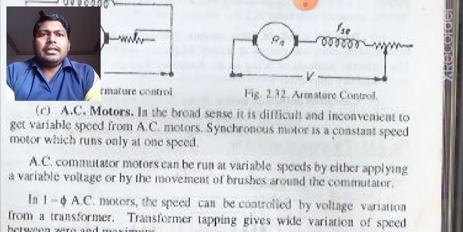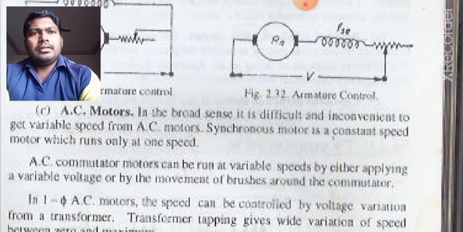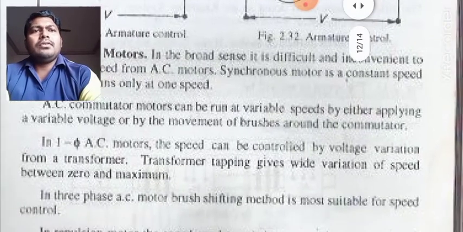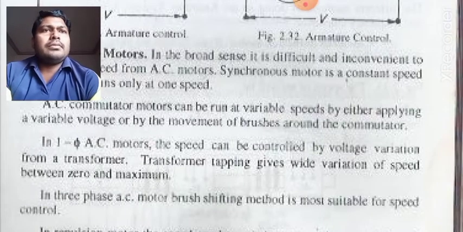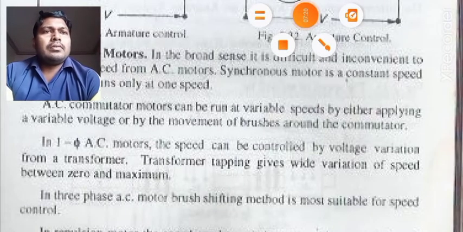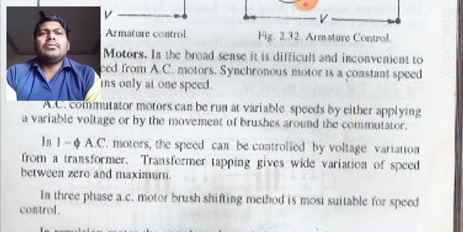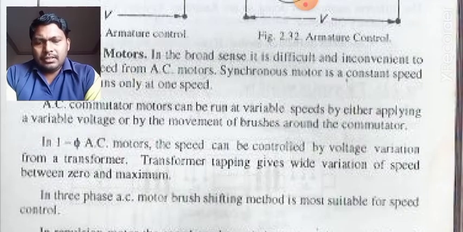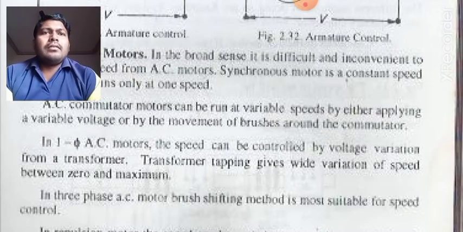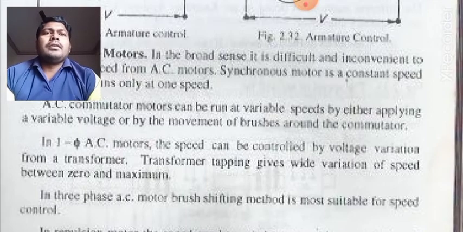In single phase AC motors, the speed can be controlled by voltage variation from a transformer. So in case of single phase AC motors, the speed can be controlled by varying the voltage from a variable transformer. Transformer tappings give wide variation of speed between 0 and maximum.